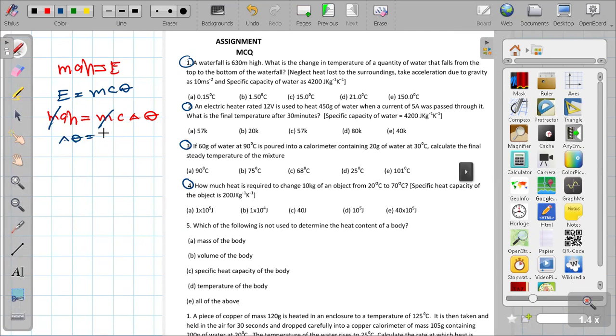Delta theta should be gh over c. g is 10, h is 130, and the specific heat capacity is 4200. One zero cancels off, the other zero cancels off. 63 over 42 is nearly 1.5 Celsius. Answer is there. Can you understand?